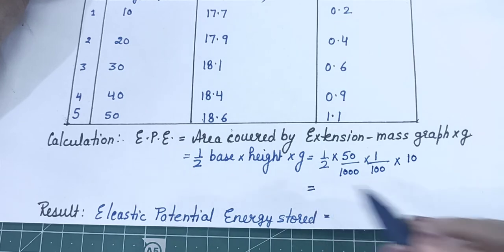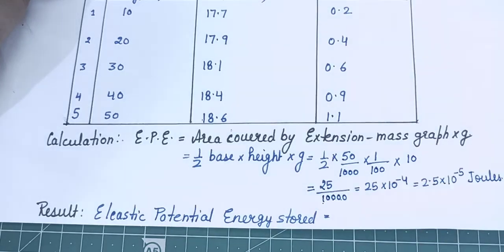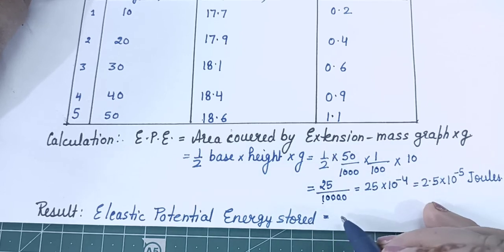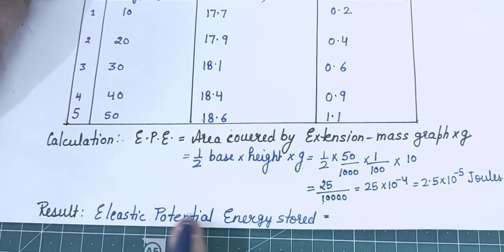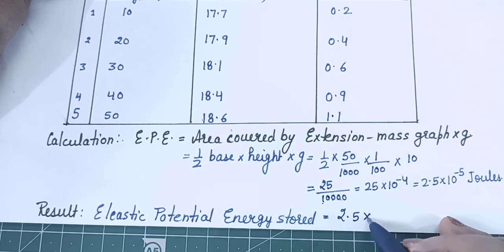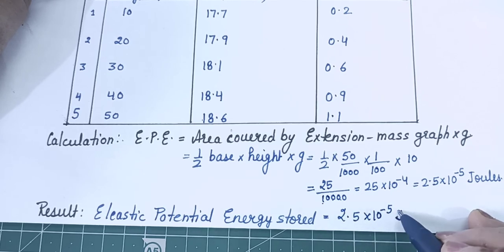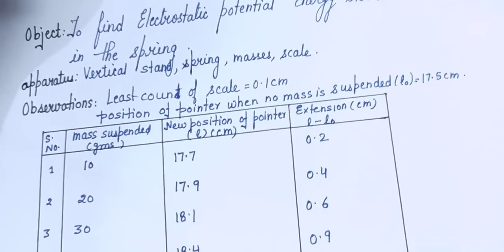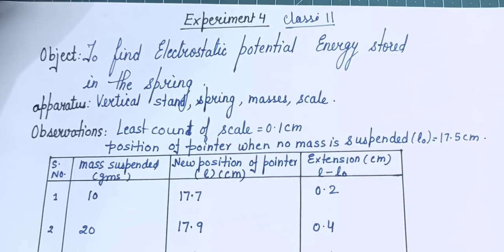So substitute the values and calculate it, and we will get 2.5 into 10 to the power minus 5 joules as the elastic potential energy stored in the spring which we performed that day. And the elastic potential energy of the spring stored is the result, and that will be 2.5 into 10 to the power minus 5 joules.